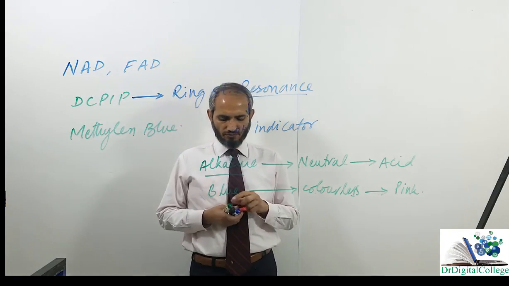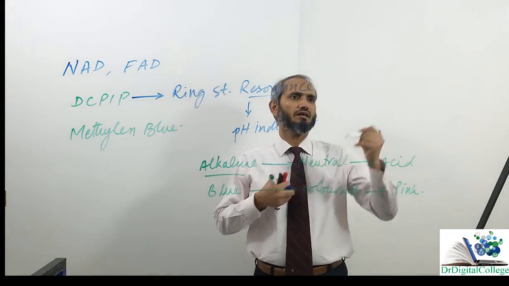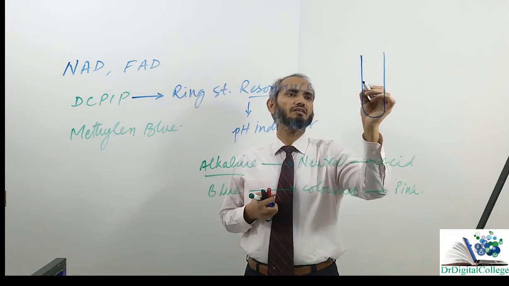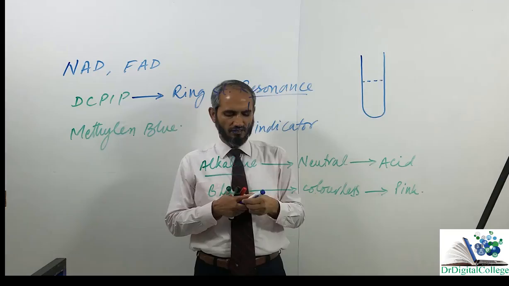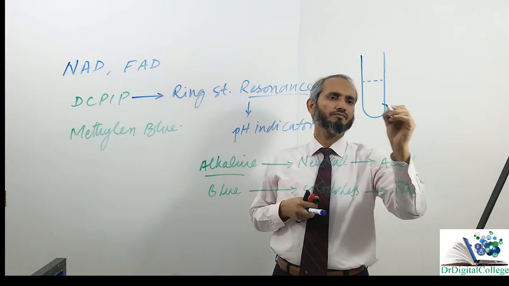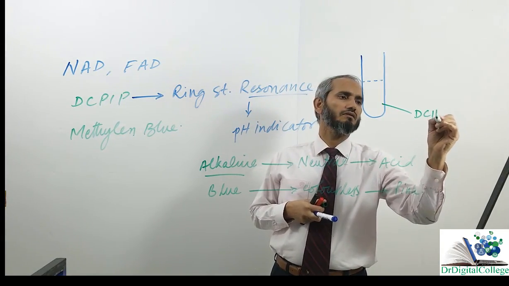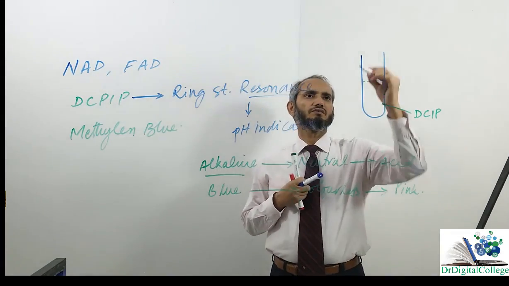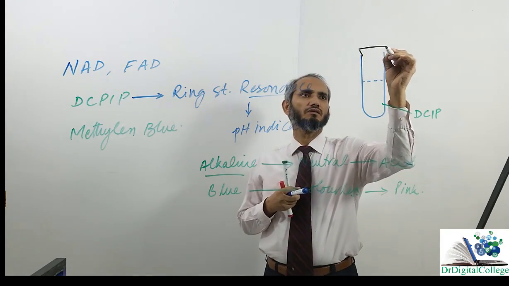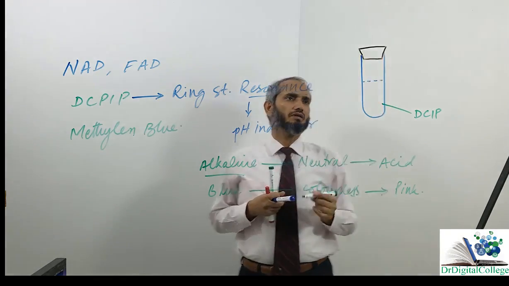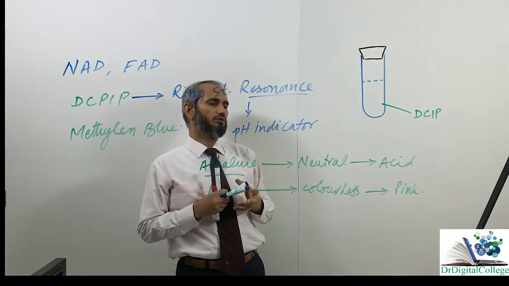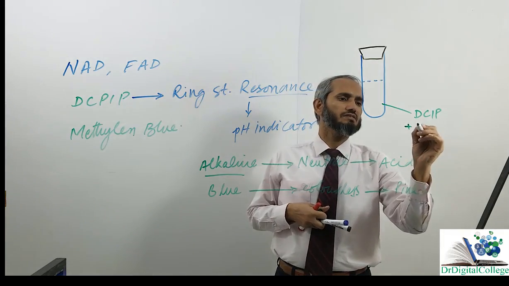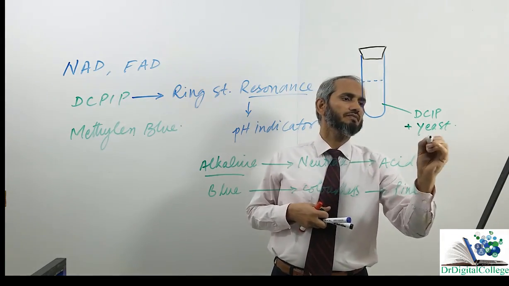Simply, in a test tube we add DCPIP, and this tube is closed. It is airtight, or sealed. Inside it there is DCPIP plus some yeast or some germinating seeds.